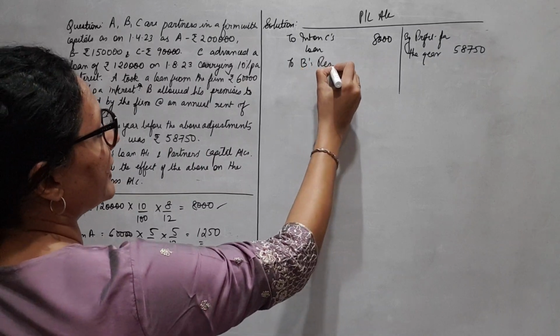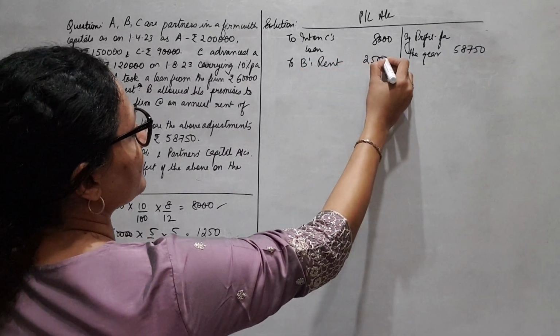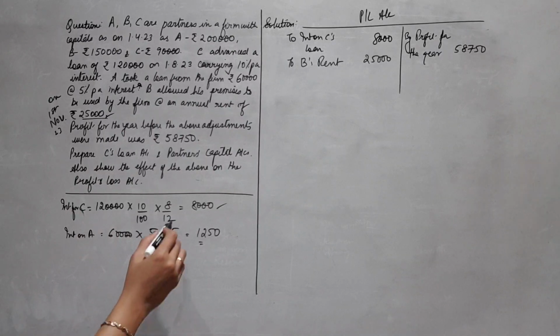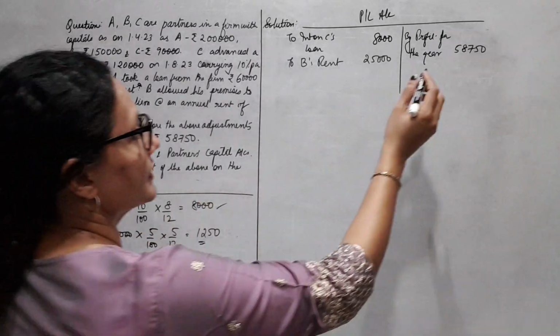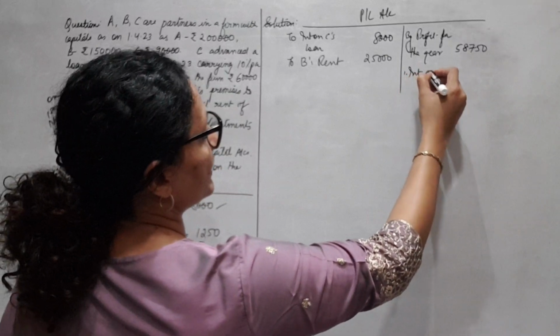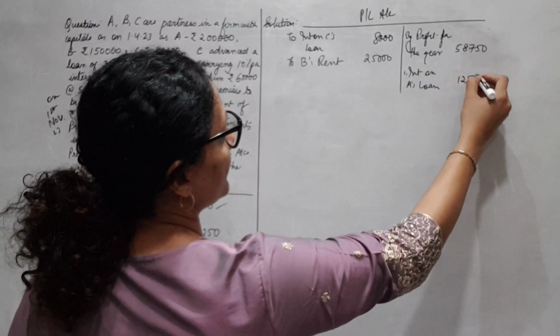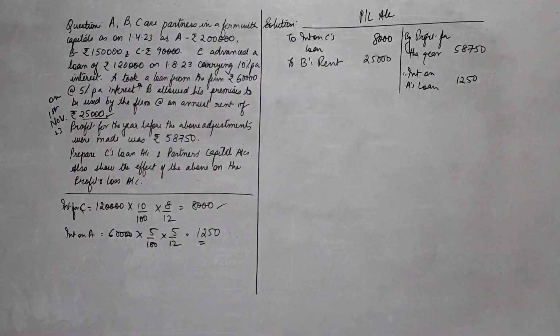To B's rent, 25,000. Both these will be debited because these are my expenses. This is my income. This should go here. Interest on A's loan, 1250. So this is the effect.